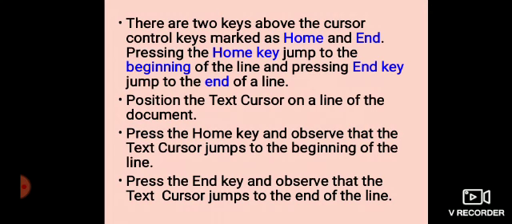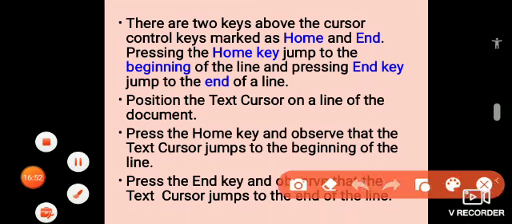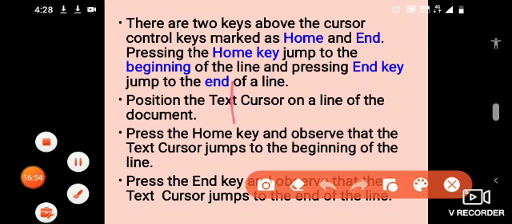There are two keys above the cursor control keys. Above the arrow keys, you have got two keys, that is the home and end keys. What are these home and end keys? If you press the home key, it takes the cursor to the beginning of the line. Suppose the cursor is in the fifth line, in this part.